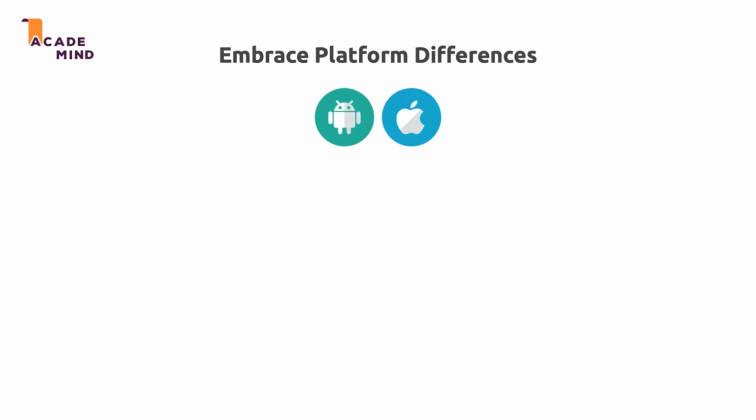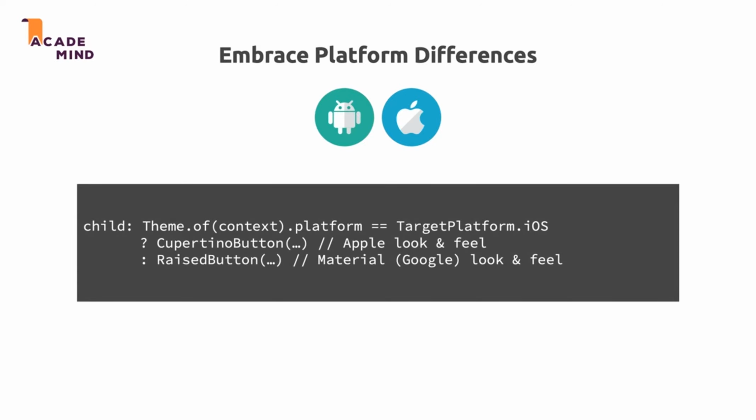But as I mentioned, if you need to, you can still find out on which platform you are running and then render different content based on that platform. So these are the core Flutter ideas. Again, if they're not 100% clear at this point, that's normal. We just started. We'll of course use all these features and go through all these features step by step as we progress through the course.